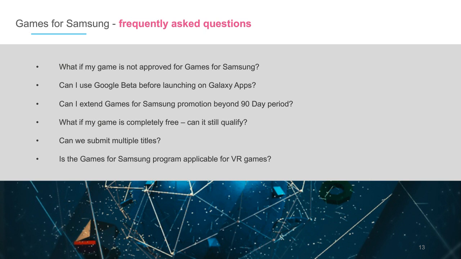Again, going back to the example of the company behind LinkedIn, they submitted 2 more games for Games for Samsung consideration. One of them has been approved. The second one wasn't approved. So I'm working with this company right now on bringing them into the store and scheduling their second game for this exclusive promotion.